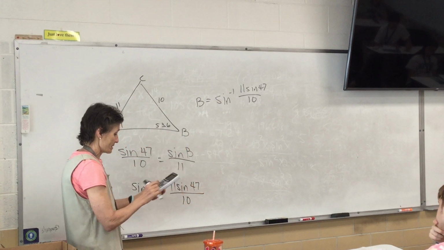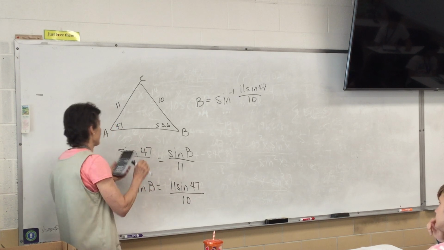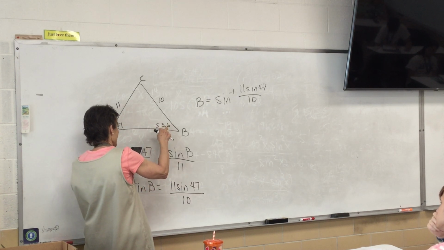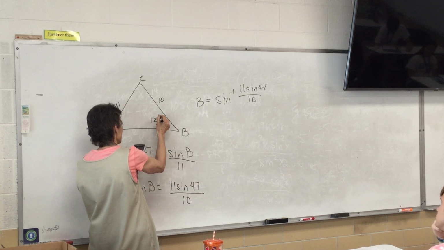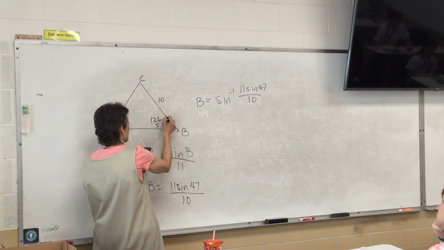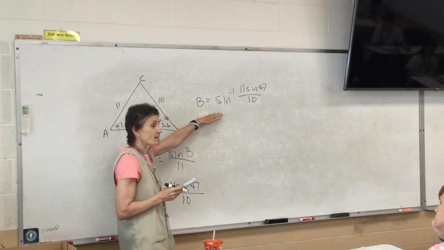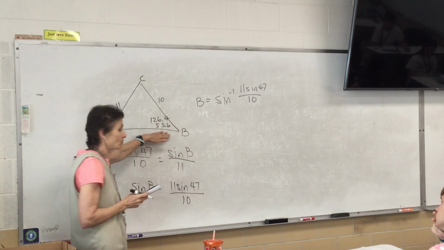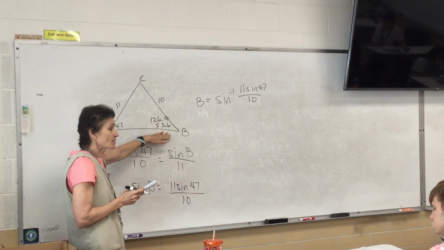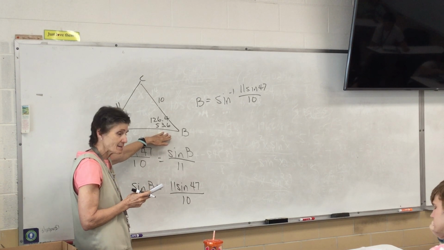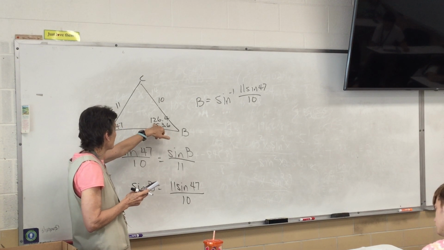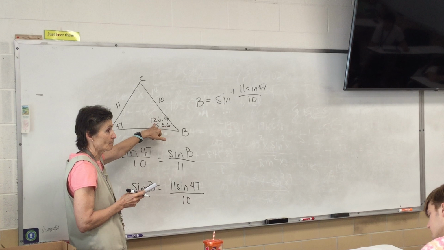If there is another possibility, this angle B could be the supplement. So 126.4. So I second sined, got 53. If there's another answer, it has to be the supplement of this one, so it would have to be 126.